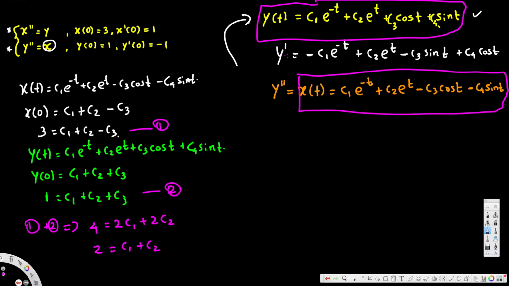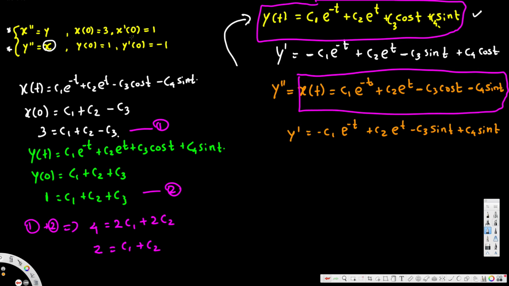Y prime we already have here. Let's plug this 0 for this one and see what we get. Okay, I take this function y prime is equal to negative c1 e power negative t plus c2 e power t minus c3 sin t plus c4 cos t.